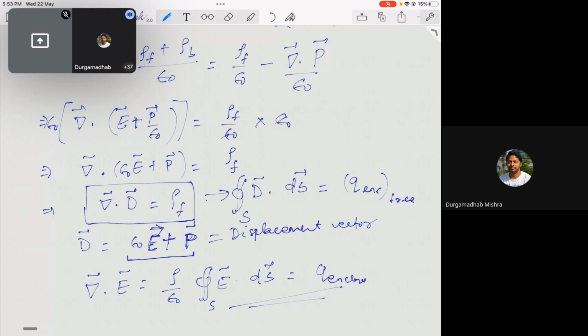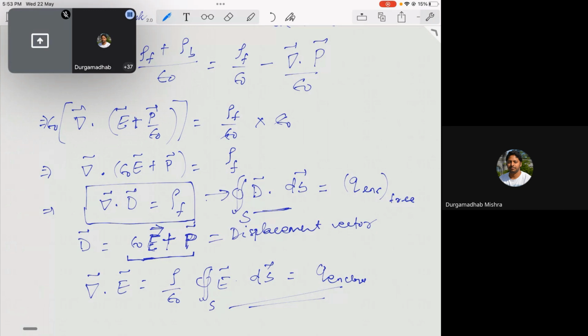And that's why it is not easy. For dielectrics, it is not easy to find the electric field. When you apply Gauss's law, you can find this D, the electric displacement vector, easily. But in order to calculate the electric field, you need to know the polarization. And polarization is not that easy to calculate in dielectrics.